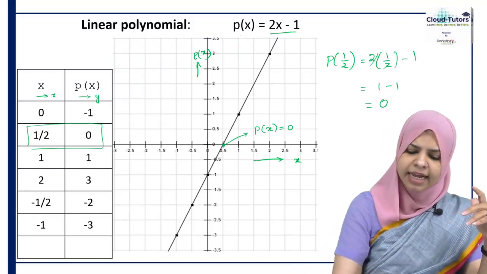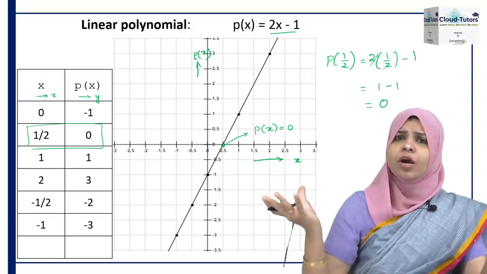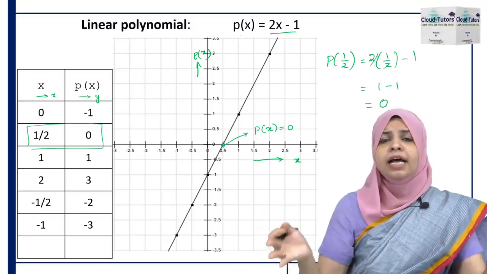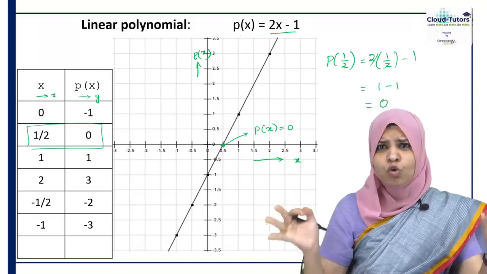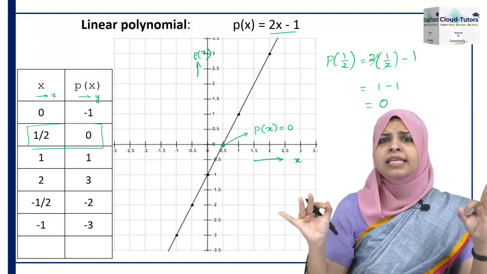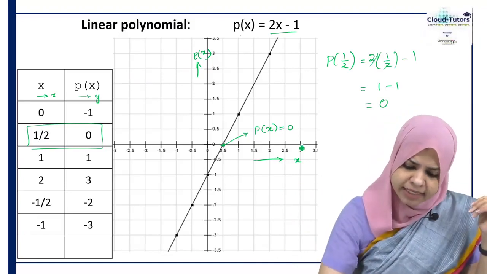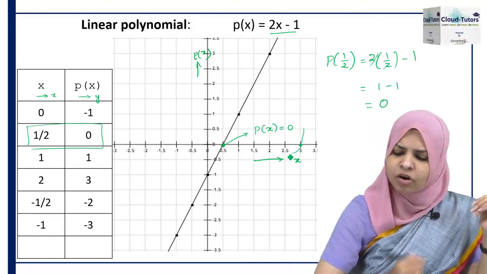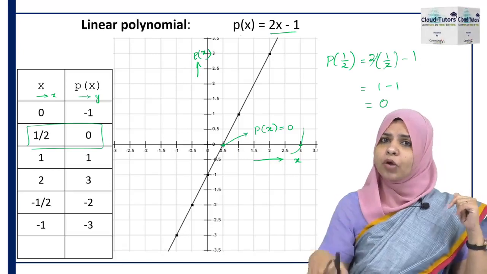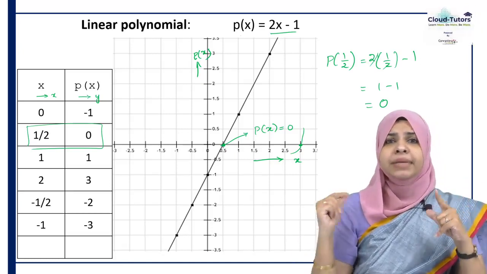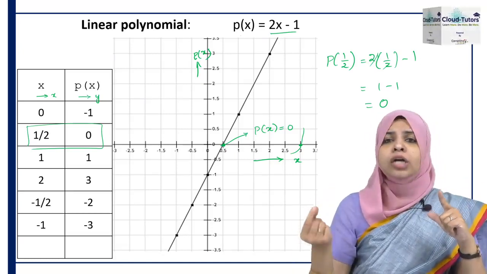Here, see, exactly, it is cutting the x-axis at whatever given point. If you say that 3 is a root of the polynomial or 3 is the 0 of the polynomial, it means that at the point 3, it is crossing the x-axis. Okay, that is what the root or the 0 means.